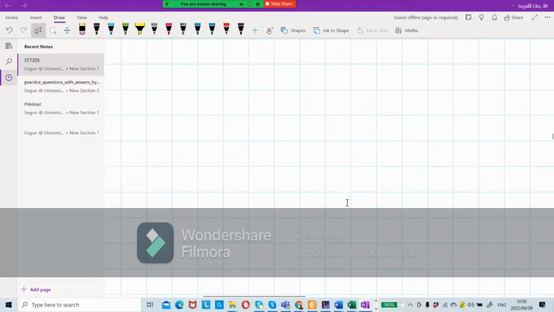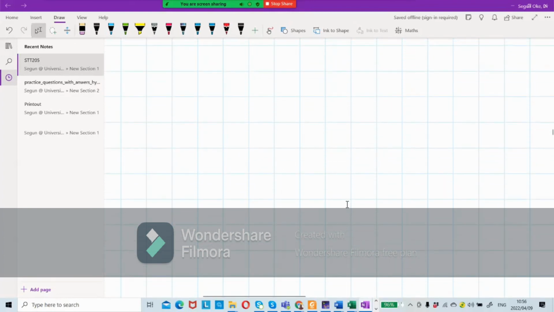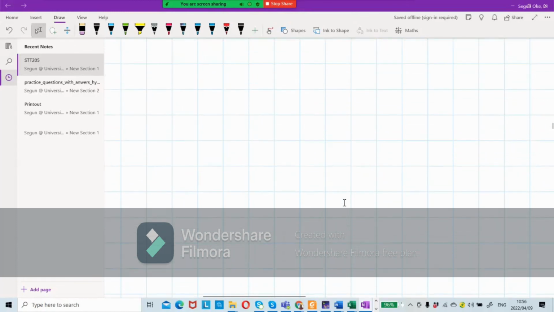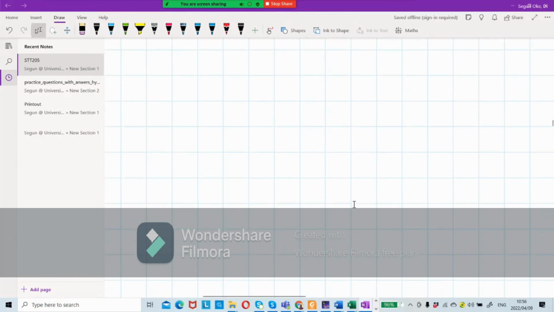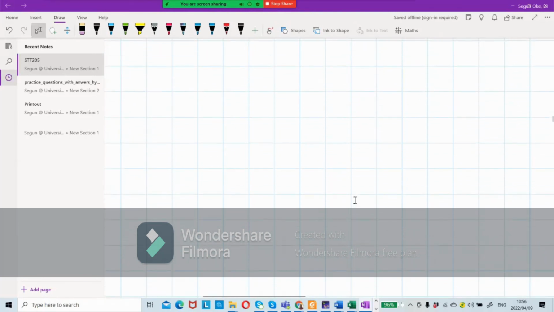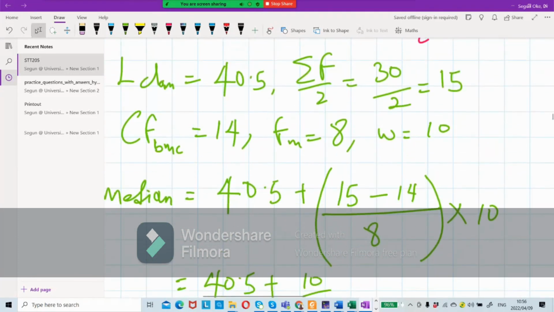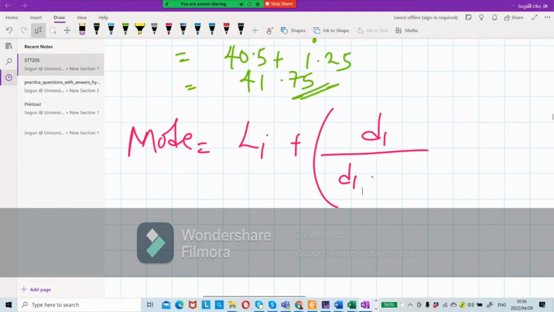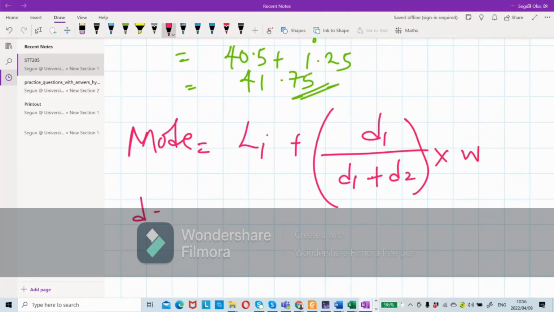F1 is the frequency of the modal class. What is F0? F0 is the frequency of the class before the modal class.